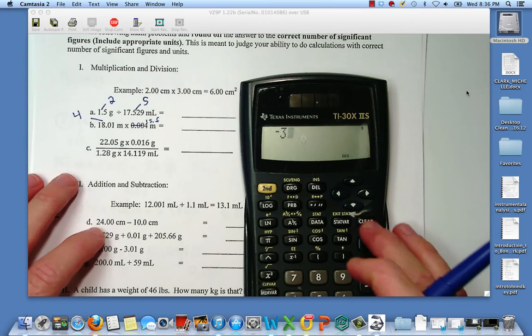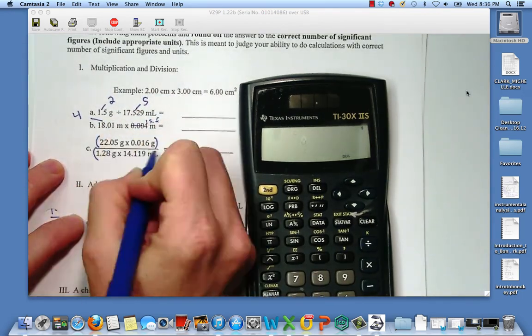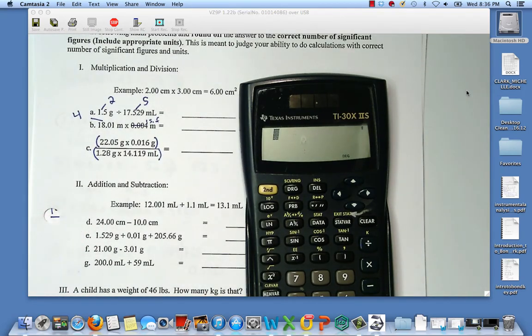Consider this one as having parentheses, so it's clear. What are the operations in this problem? Exactly, division and multiplication. So you're still going to be looking at the number of sig figs in the original numbers.